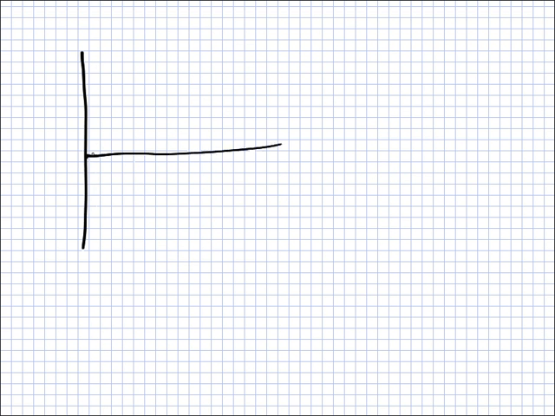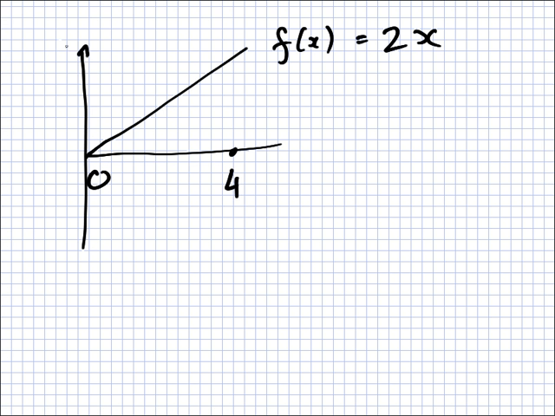So here is a simple example. Let's say f(x) equals 2x, and there's 0 and there's 4. And what I do is I rotate it. What shape do I make?